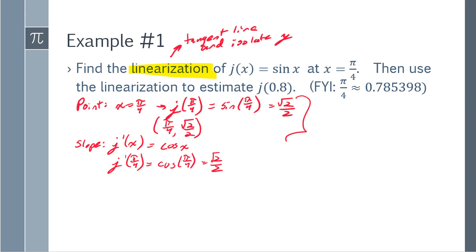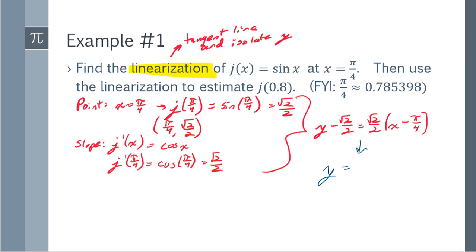And then from all of this, I can write the equation of my tangent line. So y minus rad 2 over 2 is equal to my slope, rad 2 over 2, times x minus pi over 4. And then linearization does mean I need to isolate the y because what we're using this for is to estimate y. So I do need to get y by itself.